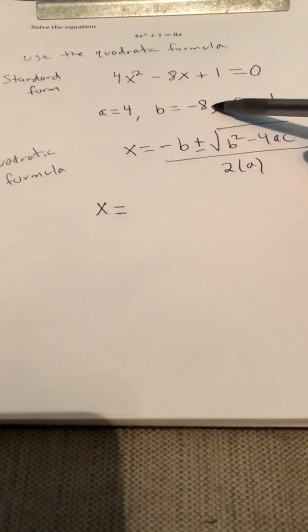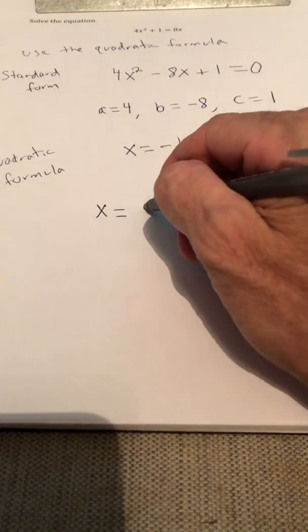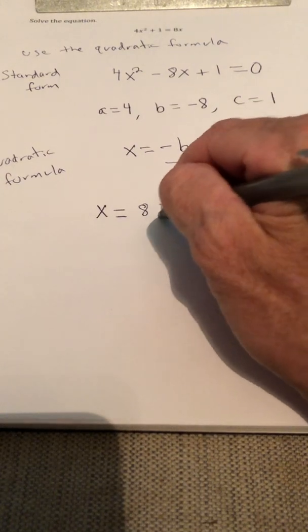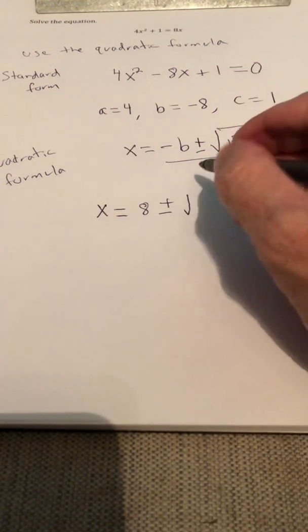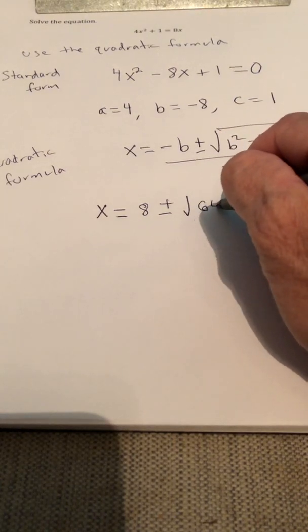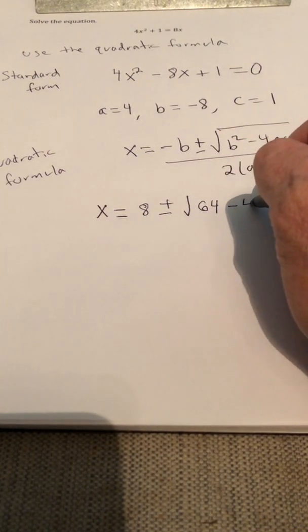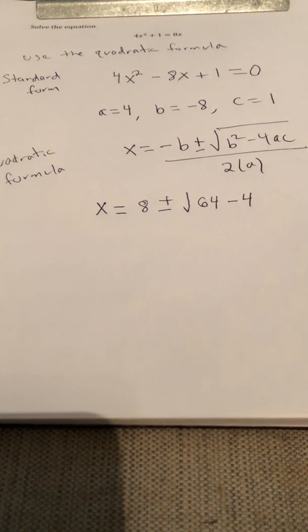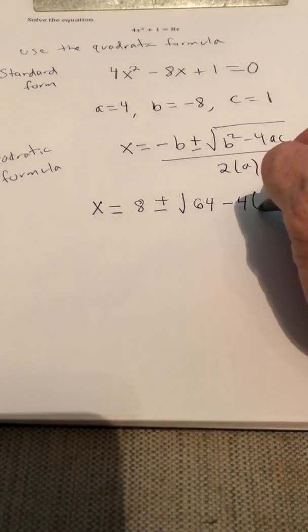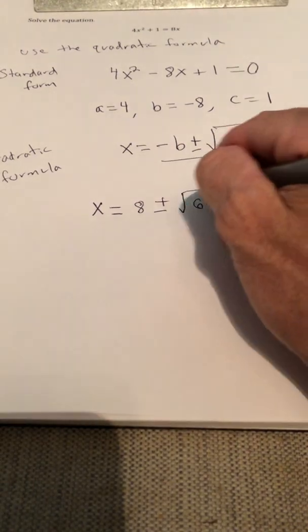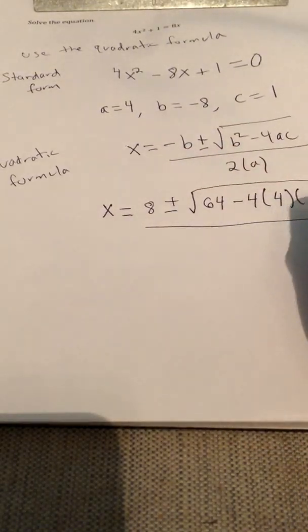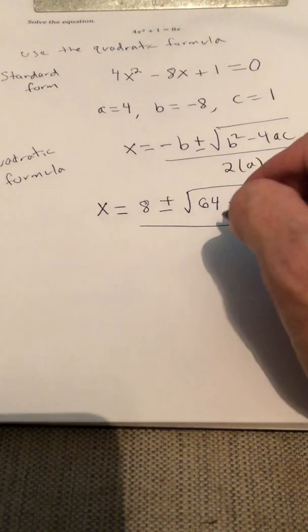If b is negative 8, negative b is 8. b squared is 64. So we have 64 minus 4ac. a is 4 and c is 1. 2 times a, that's going to be 2 times 4.